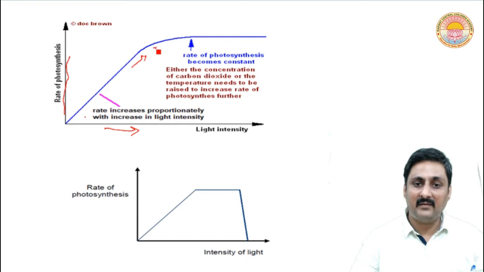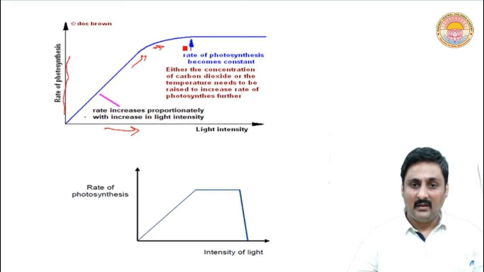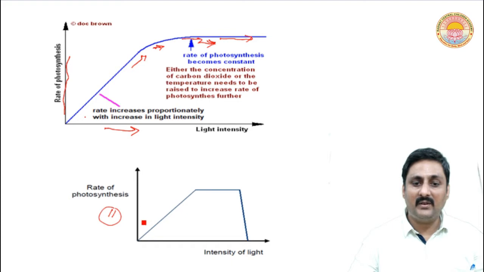But after a certain level, the rate of photosynthesis becomes constant. And even if we increase the light intensity, the rate of photosynthesis remains constant. Now here in the second diagram you can see rate of photosynthesis is increasing, then it becomes constant and then it is decreasing.